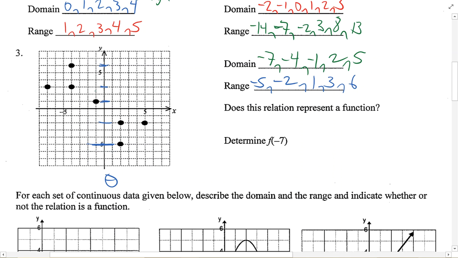Is this a function? Well, no. It fails the VLT, so I can say that. Or what else can I say? I can say input -4 has 2 outputs.